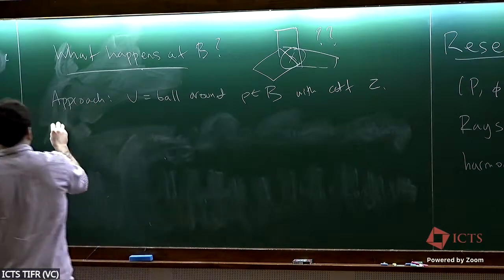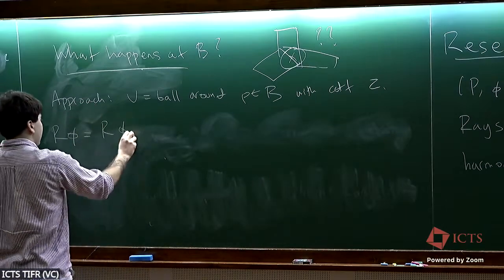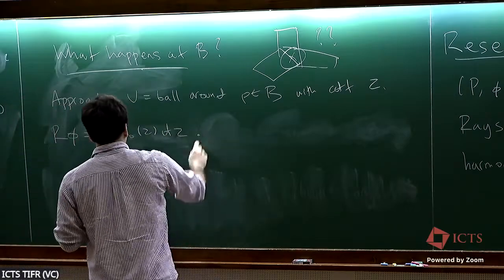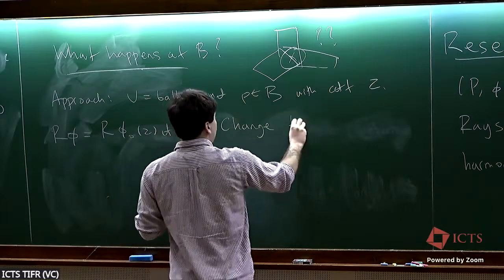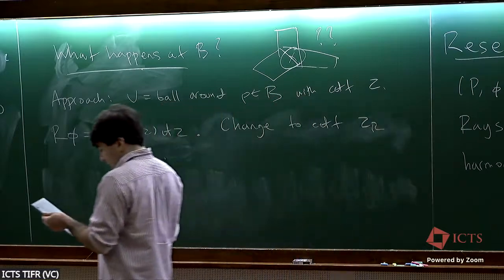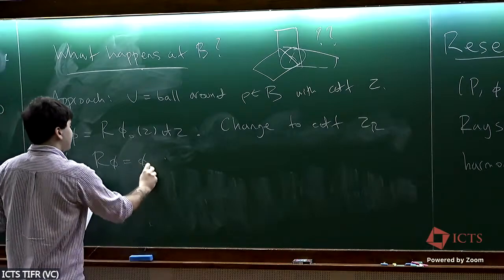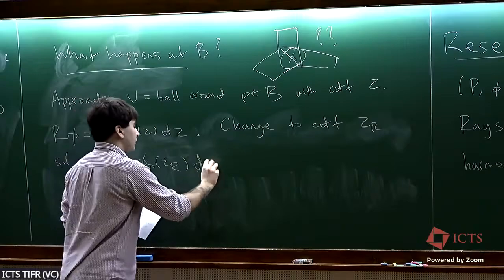And so we write R phi, still in this setting, locally as R phi 0 Z dz. And the standard thing to do is change to a coordinate, let's say ZR, such that in this coordinate, R phi is now phi 0 ZR dzR.